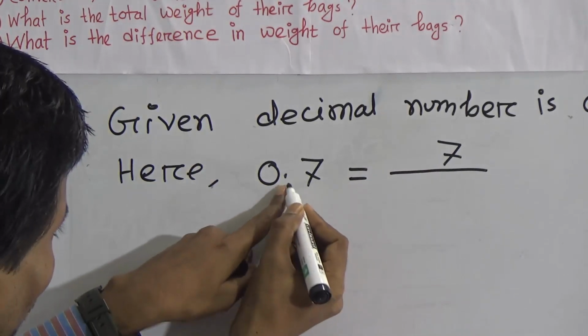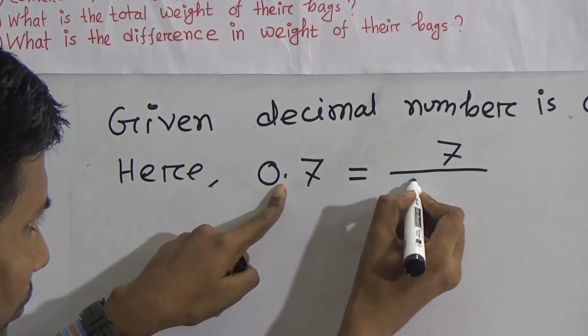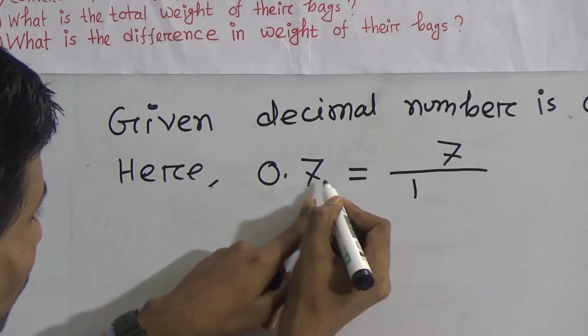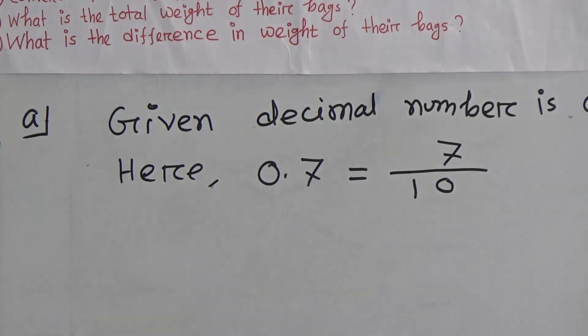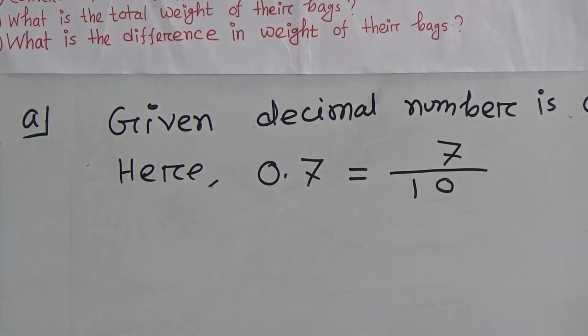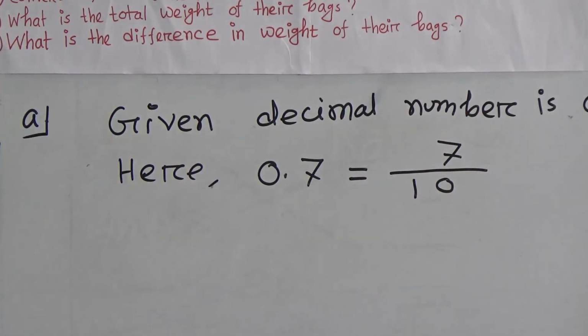For the point you take 1, for 7 you write here 0. Now see, 7 by 10 is the fraction. This is the proper fraction because 7 is smaller and the denominator is 10, which is the greatest number. So this is the proper fraction.